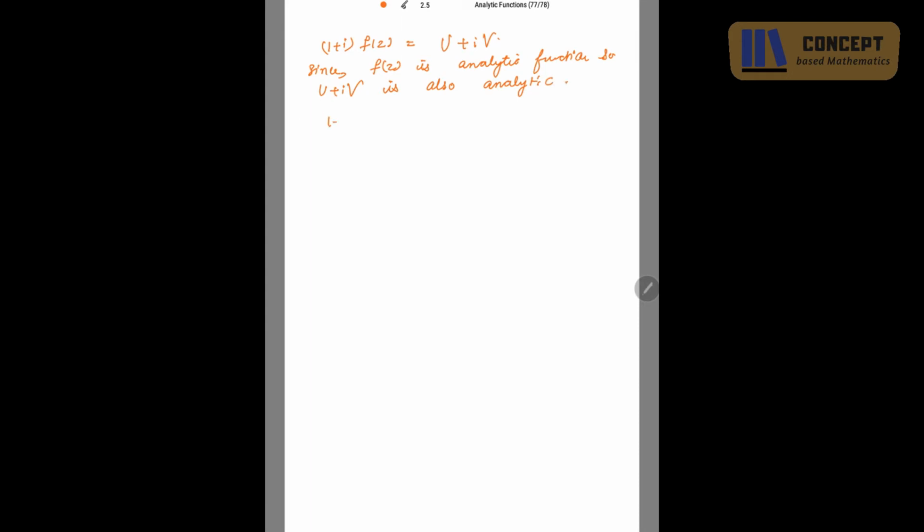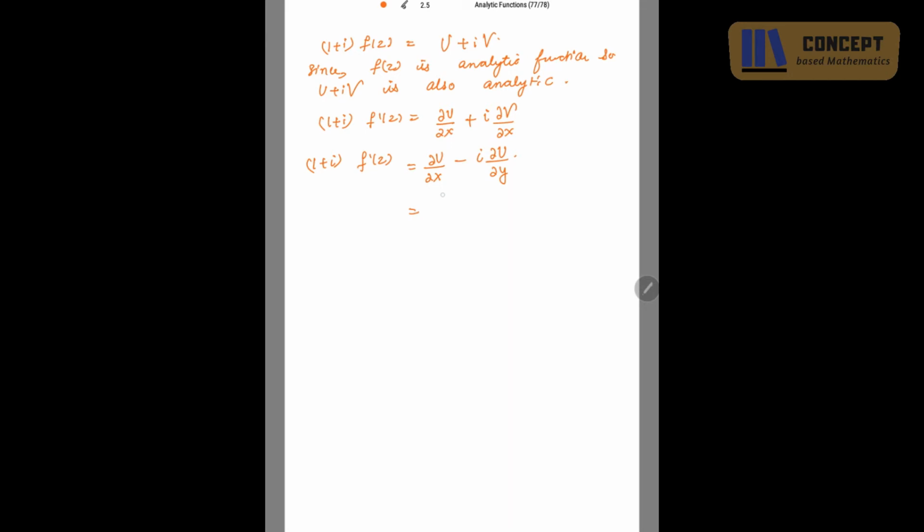Alright. Now (1 plus iota) f dash z is equal to del U over del x plus iota del V over del x. Now I'm having my U only with me, so I have to change the second term and write minus iota del U over del y using the CR equation. This is f dash z.